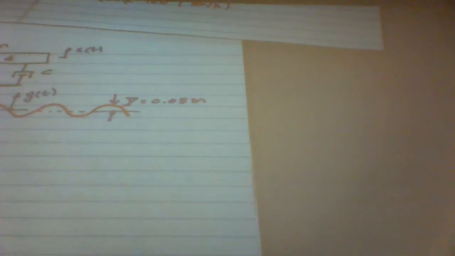And they tell us that the wavelength is 6. So what is really the wavelength over here? What would that be? Distance from peak to peak. So we do this one here.